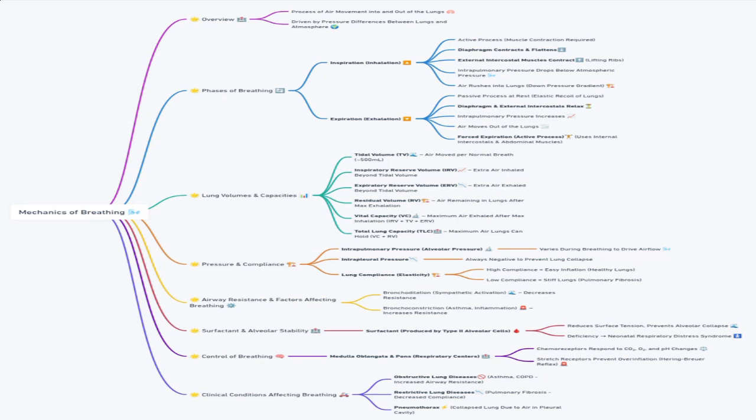In mid expiration, alveolar pressure is 0 and intrapleural pressure is -6, so transpulmonary pressure will be 0 minus -6, which is +6.